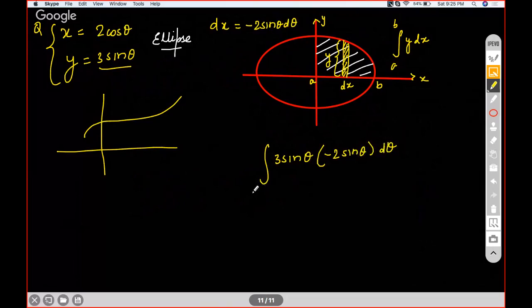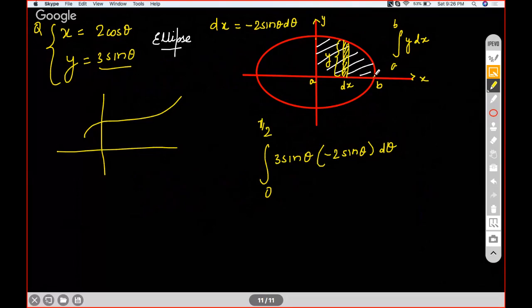Right? Okay. Now, the problem comes, what is the theta value here that we are looking for? Now, theta value here will be from 0 to pi by 2. Yes or no? Now you would say, sir, how did you know it's 0 to pi by 2?